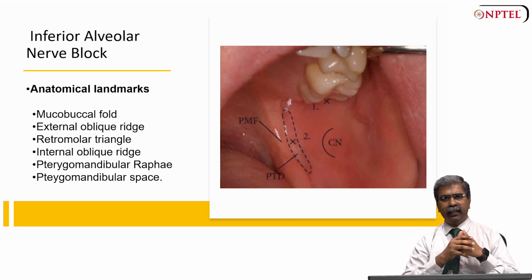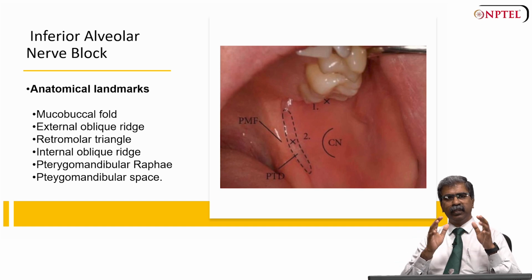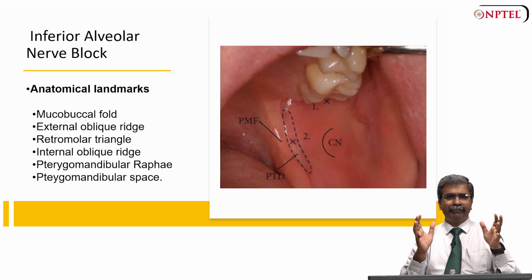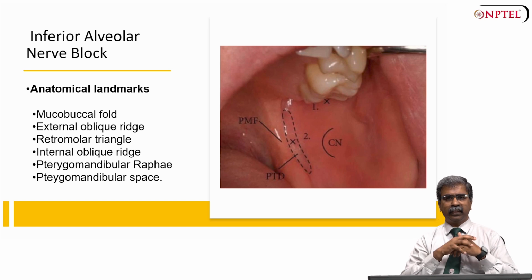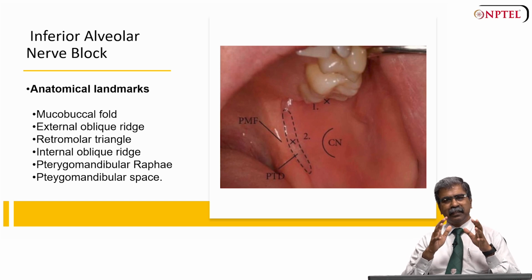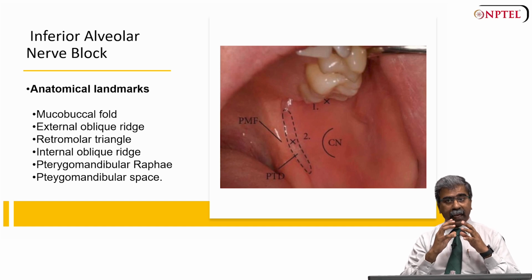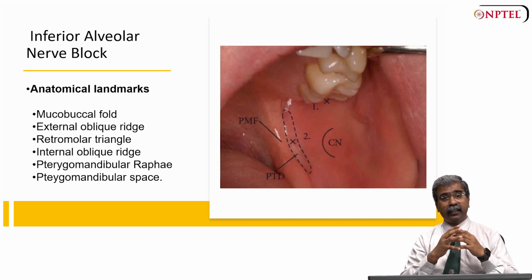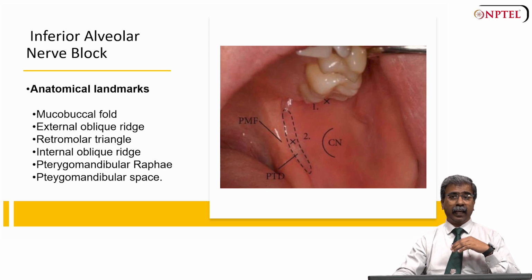I'll come to that later in the next couple of slides about the boundaries of the pterygomandibular space. And these landmarks ensure proper needle placement, and the likelihood of success and safety of the inferior alveolar nerve block, while minimizing complications, is high.